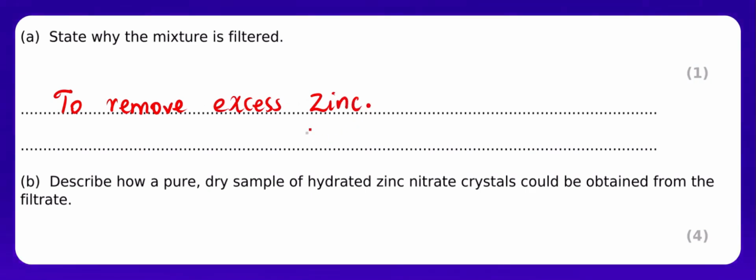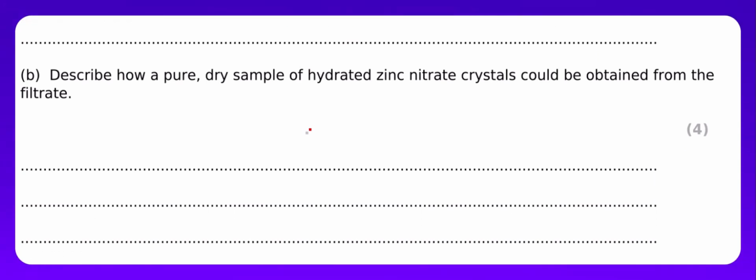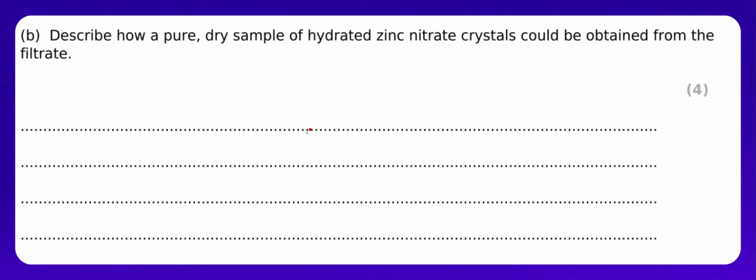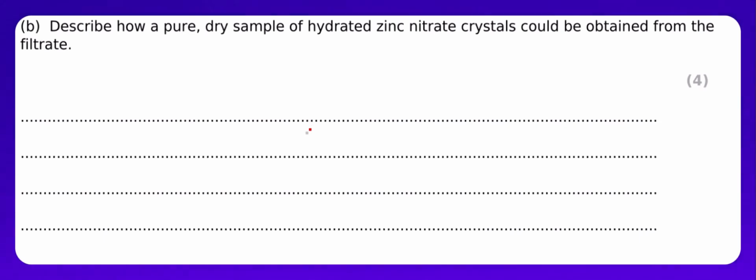That is good. So then the second one, we are supposed to describe how a pure dry sample of hydrated zinc nitrate crystals could be obtained from the filtrate. Now, this is where your understanding is required for us to come up with that procedure.